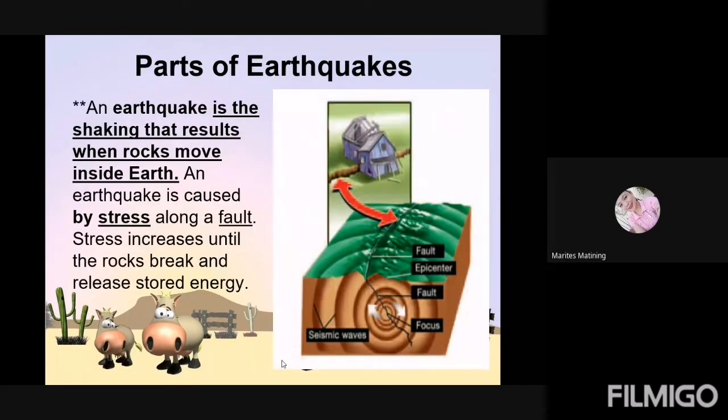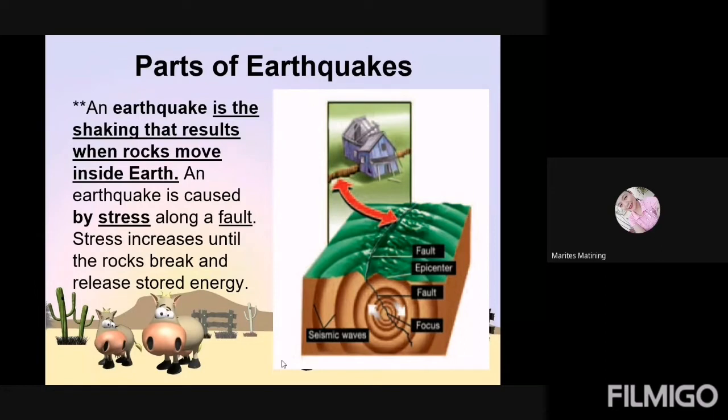So here, we have the parts of an earthquake. So an earthquake, again, is the shaking that results when rocks move inside the earth, right? So an earthquake is caused by stress along fault. We learned that in our lesson last week, right?